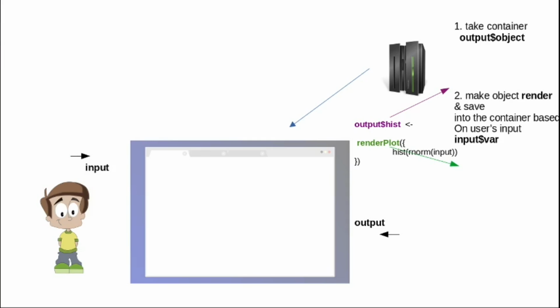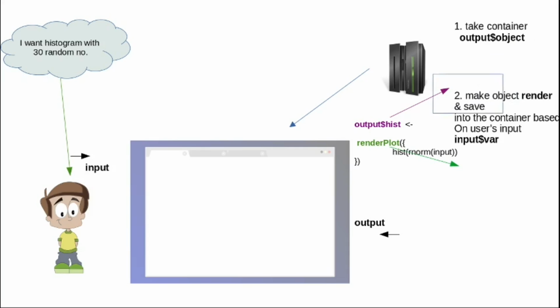In coding, let's see. Suppose the user wants a histogram of 30 random numbers. So he gives the input to the slider, then it sends the request to the server. First the server takes a container to store the object.